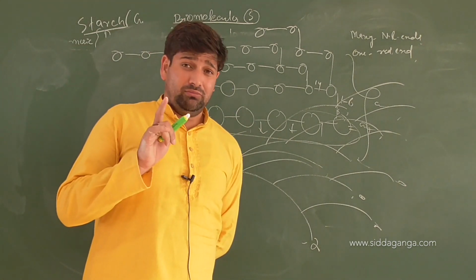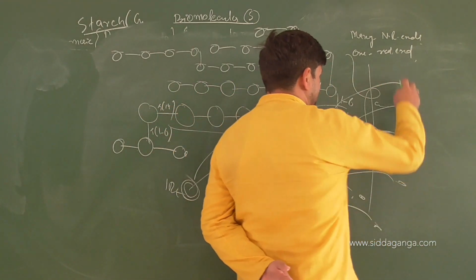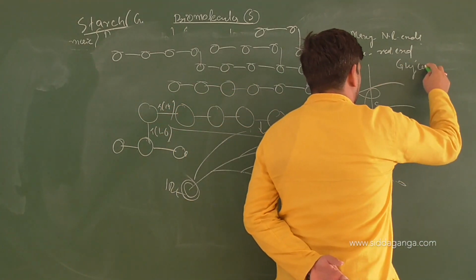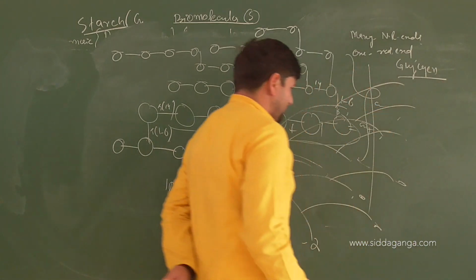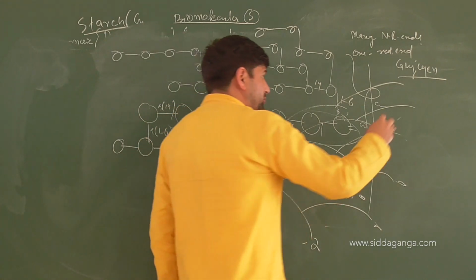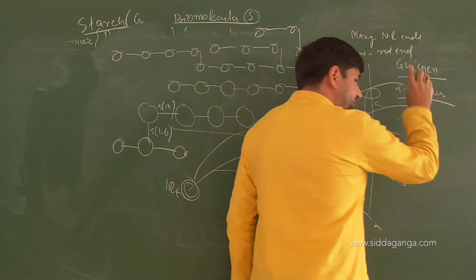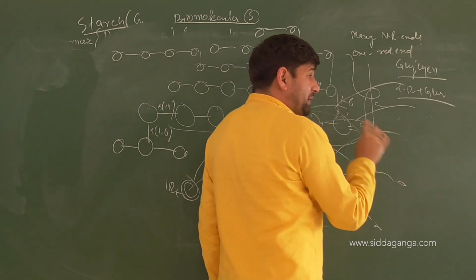What about glycogen? I'm not going to discuss it in detail, it's quite simple. In glycogen also, the basic chains are the same. It's alpha D glucose, the basic unit only. The only thing is branching.